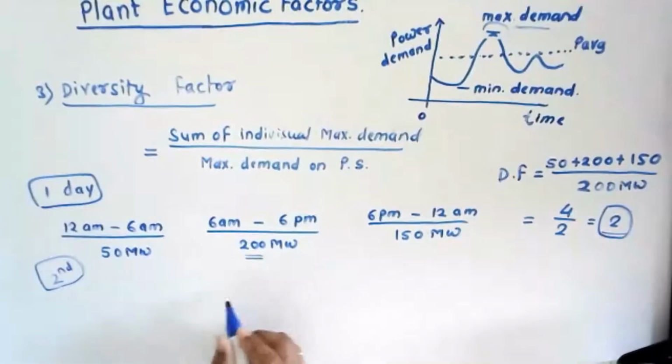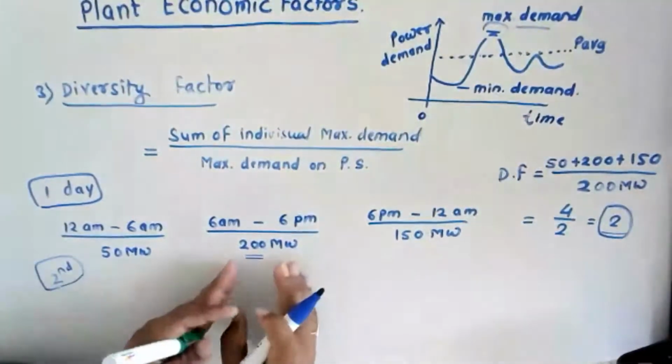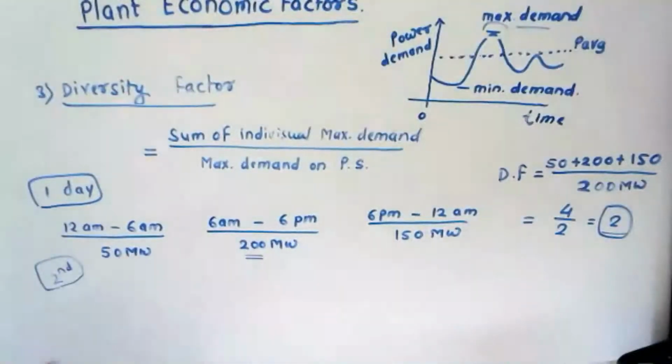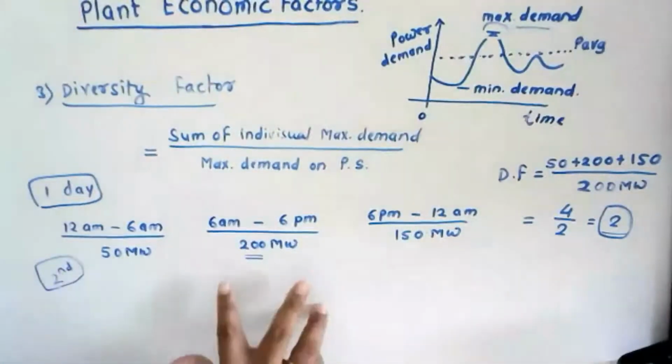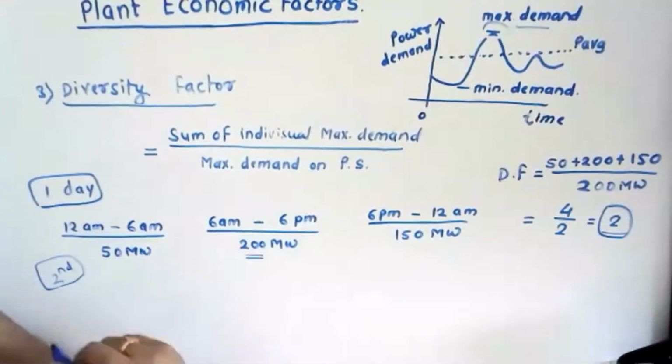Now what I am going to do, 50 megawatt of power मी मॉर्निंगला यूज करण्याच्या ऐवजी रात्रीला शिफ्ट केलं. म्हणजेच मी दिवसाला जो 50 मेगावॅटचा लोड होता तो दिवसा न वापरता रात्री यूज करतोय.